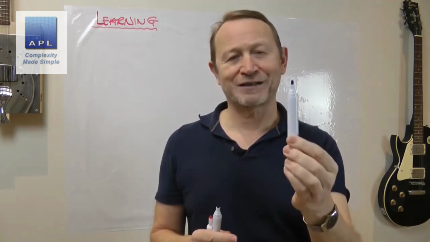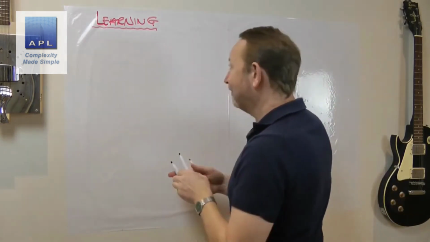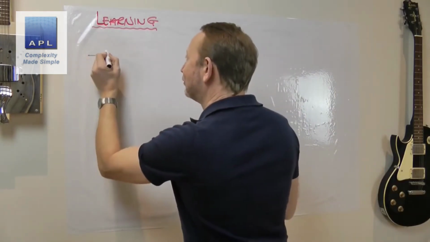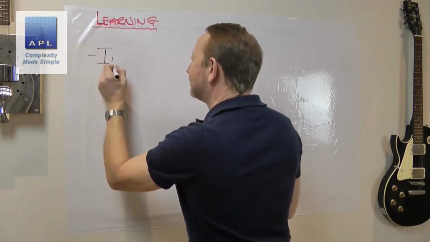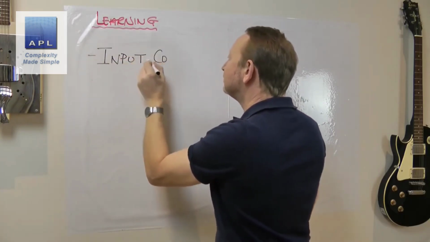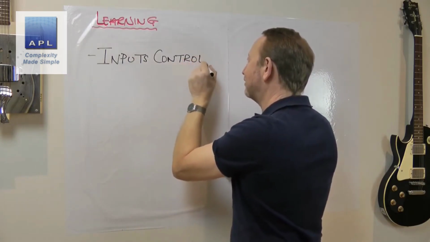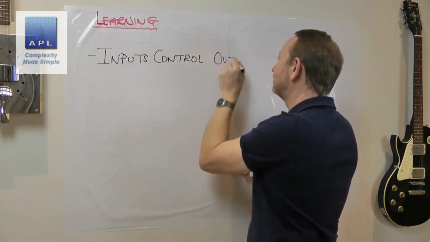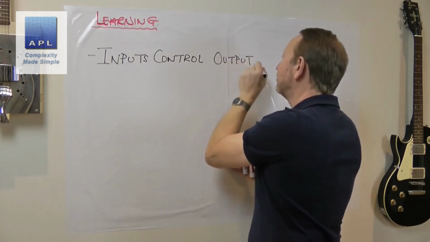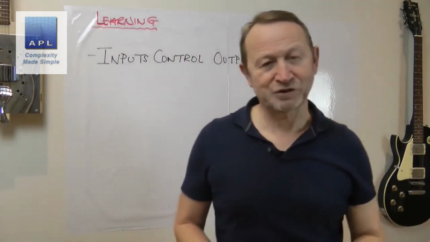What you looked at was the inputs, because here's the biggest thing I've ever learned. Once you know this and you use this, you can fix anything. Because inputs control the outputs.